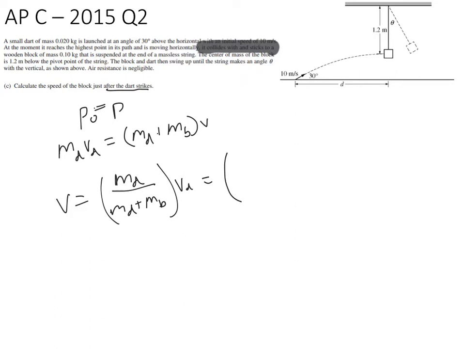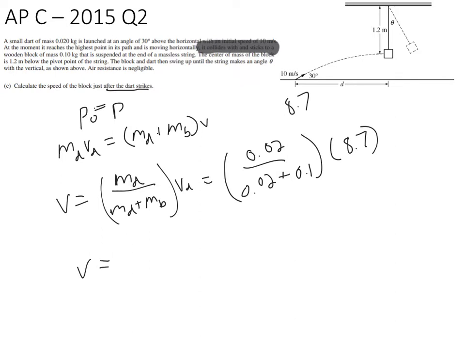Alright, so let's see. 0.02, 0.02, 0.1, and the initial speed was, the speed right before, you remember, it was 8.7, so 8.7.